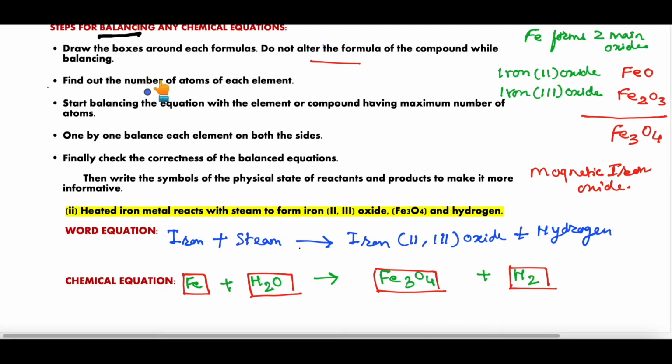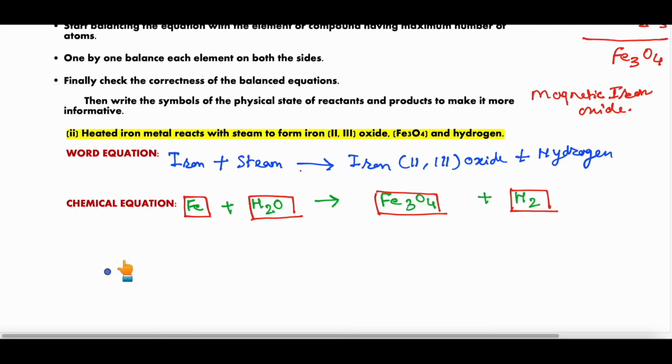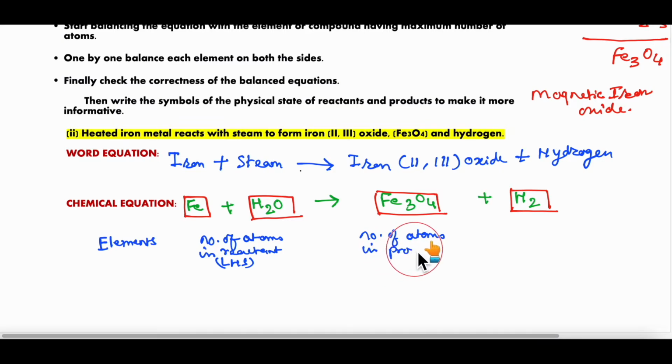Next, we will find out the number of atoms of each element. So, we will list down the number of atoms of different elements present in this unbalanced equation. Here we will write elements, then number of atoms in reactant side, that is on the left hand side of this arrow, and number of atoms in products side, that is on the right hand side of this arrow.